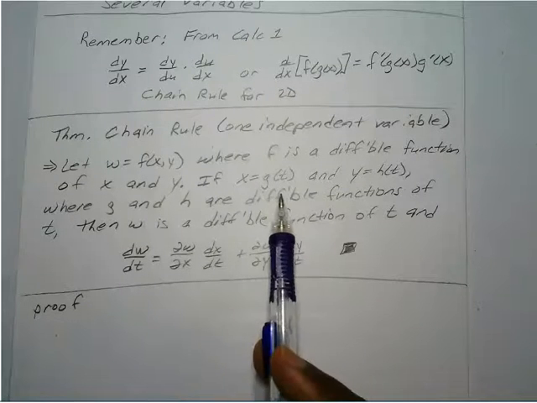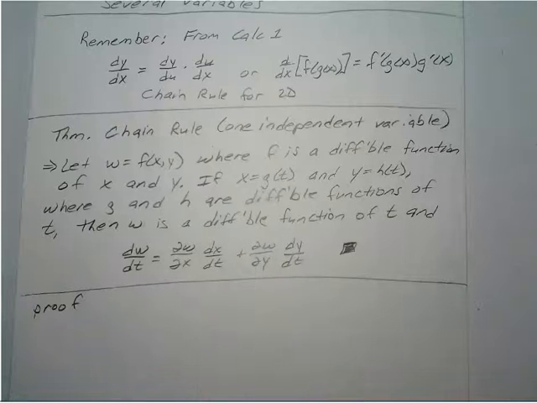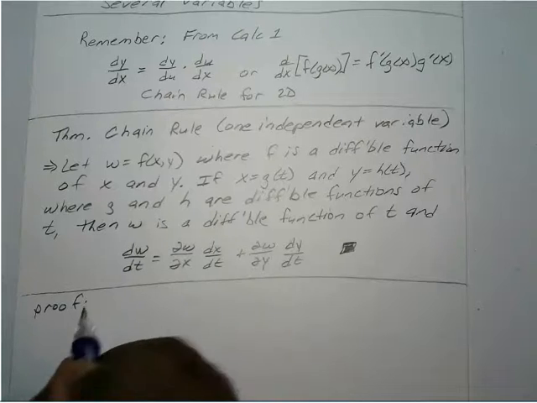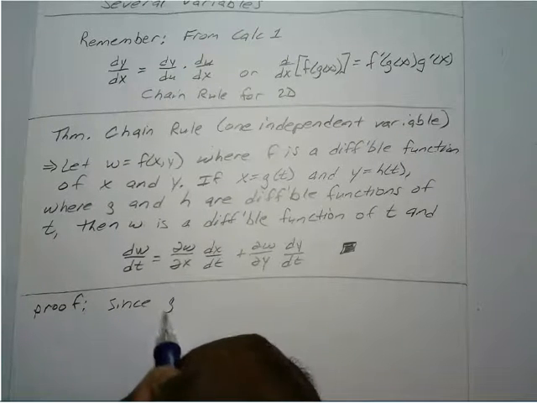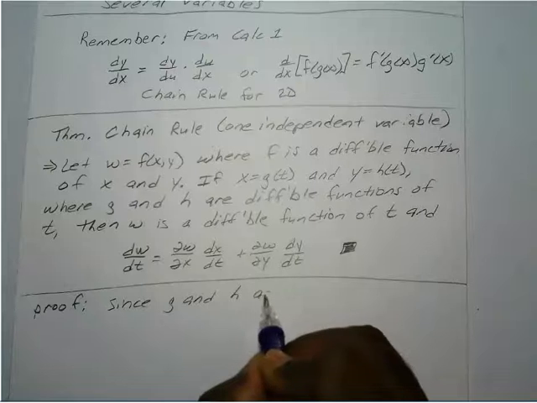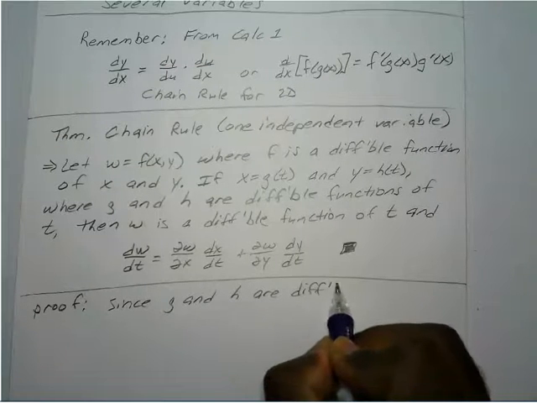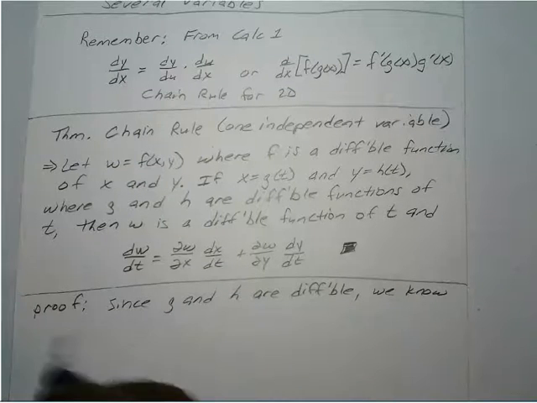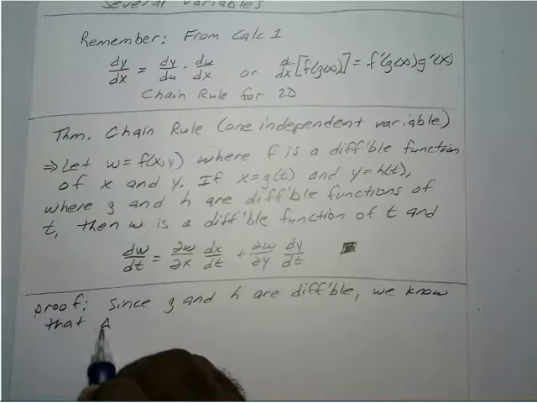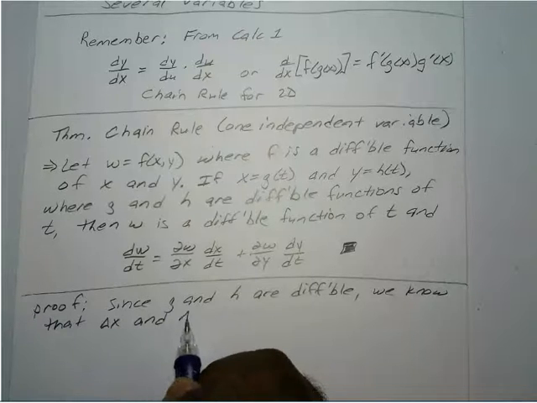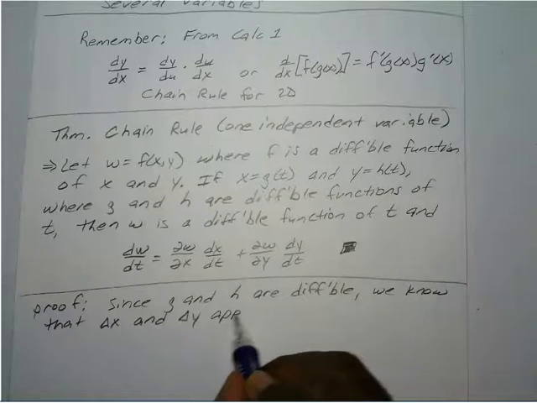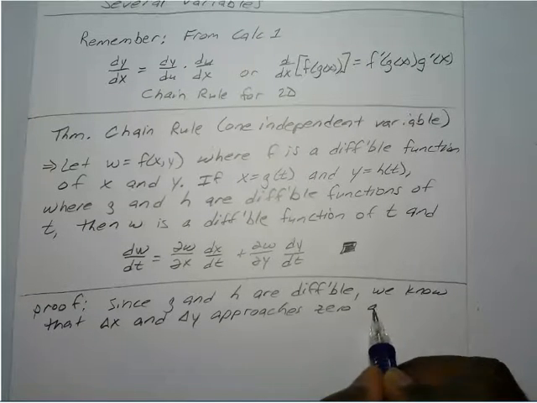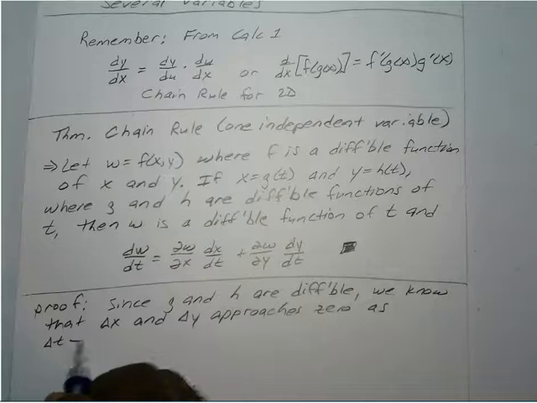Since they're differentiable, we know that delta x and delta y approach 0 as delta t approaches 0.